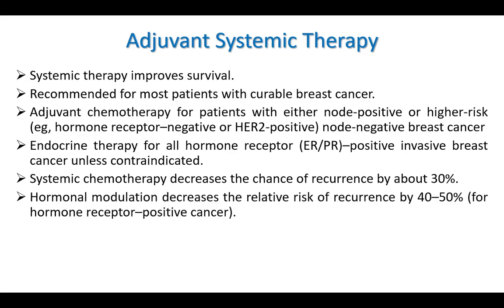Besides other systemic therapies, if they need chemotherapy, you put them on chemotherapy, but you can also add the hormonal therapy. If they are HER2 receptor positive, then you can put them on antibodies against the HER2 receptor.